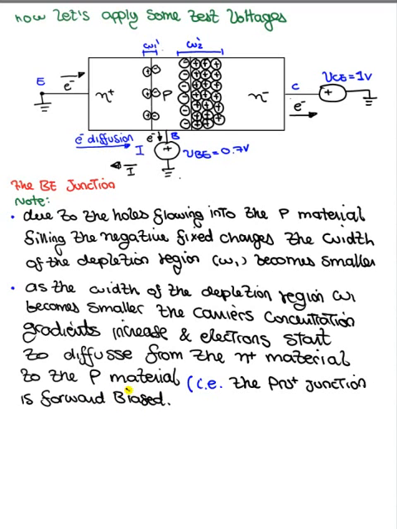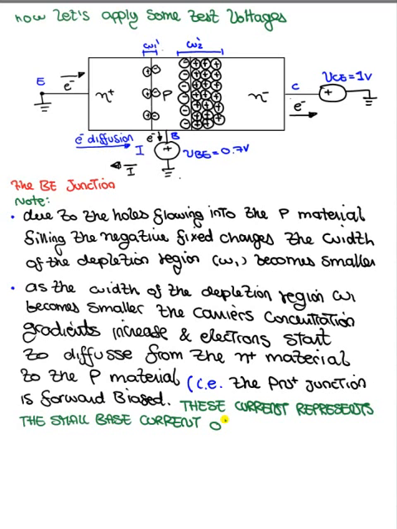Okay, and so this is a huge point. This current represents the small base current of BJT devices. That forward biased junction represents that current.